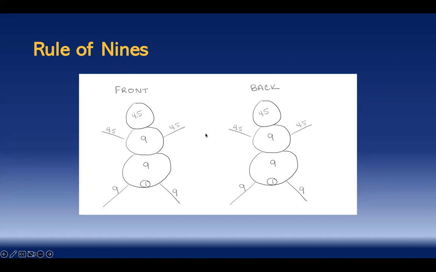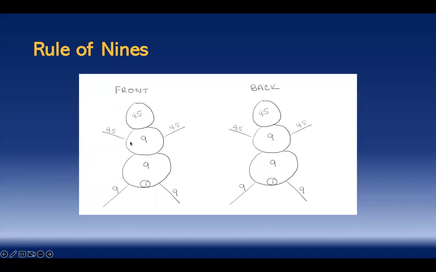So you'll notice here on our Frosty the Snowman diagram that the front of the head is worth 4.5% and the back of the head is worth another 4.5%. So if the entire head, front and back, was completely burned, that would be a total of 9% total body surface area. 4.5 for the front, 4.5 for the back.